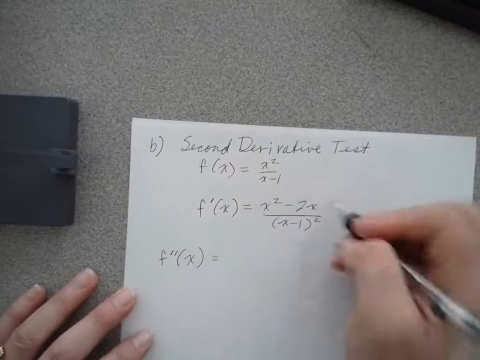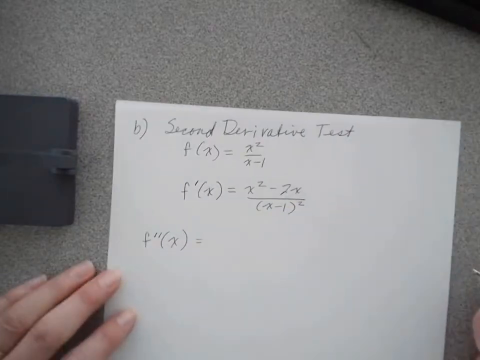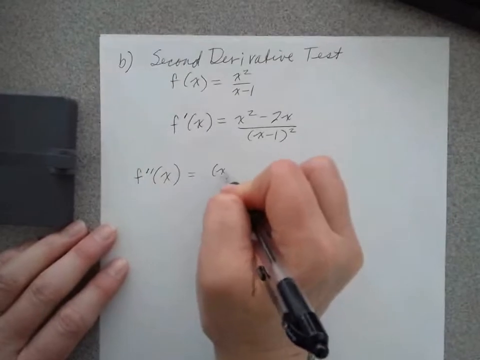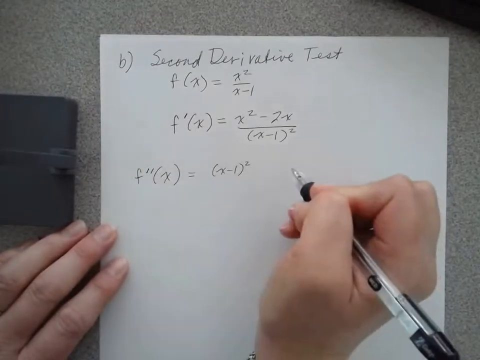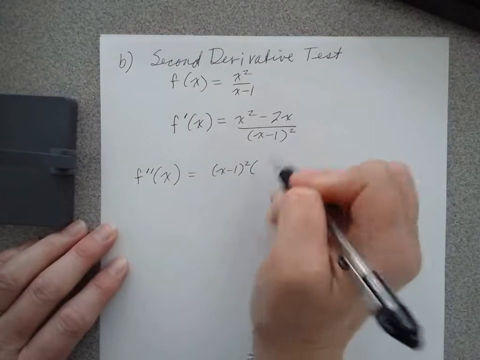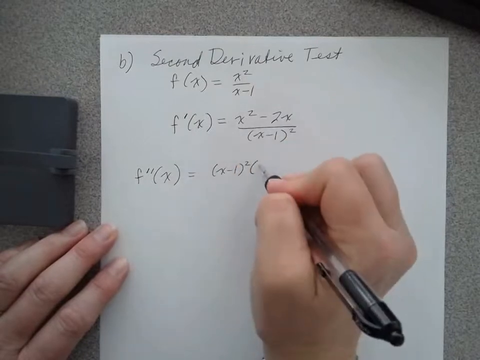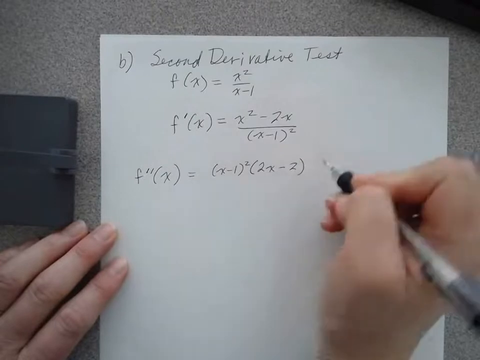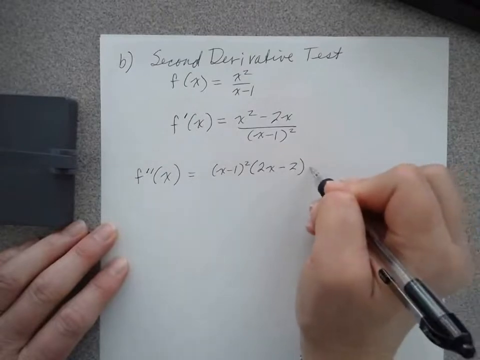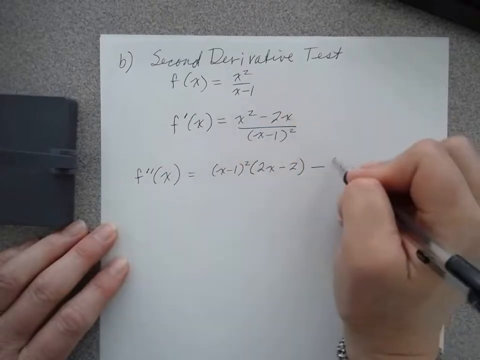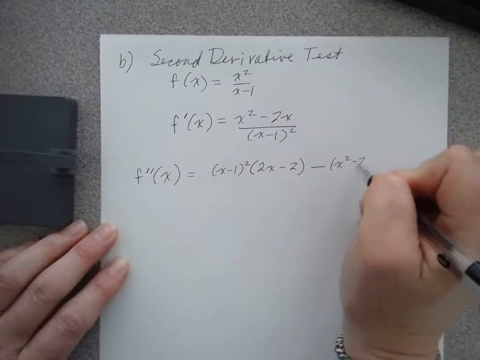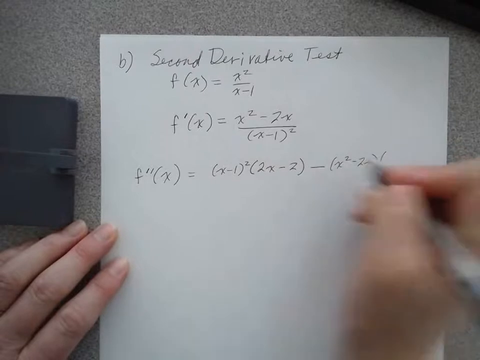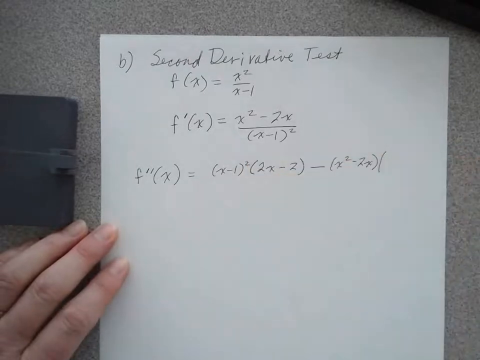So again, what rule do we need? Quotient rule. So you're going to take the denominator, x minus 1 squared, times the derivative of the numerator, which is what? 2x minus 2, plus or minus? Minus the numerator, x squared minus 2x, times the derivative of the denominator. So what rule do we have to use to do that one?